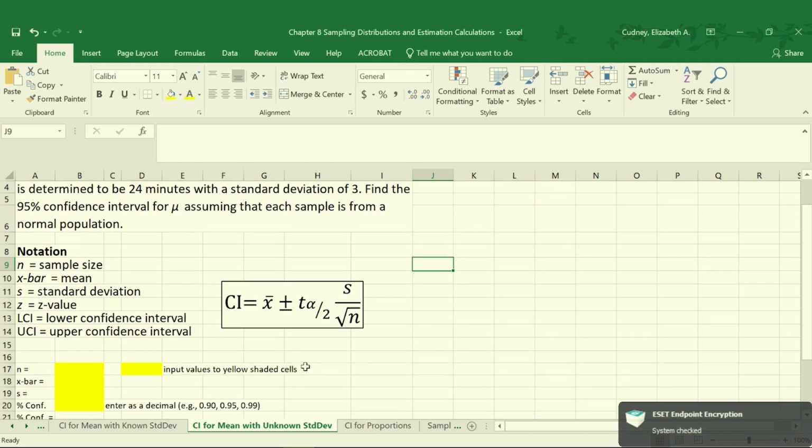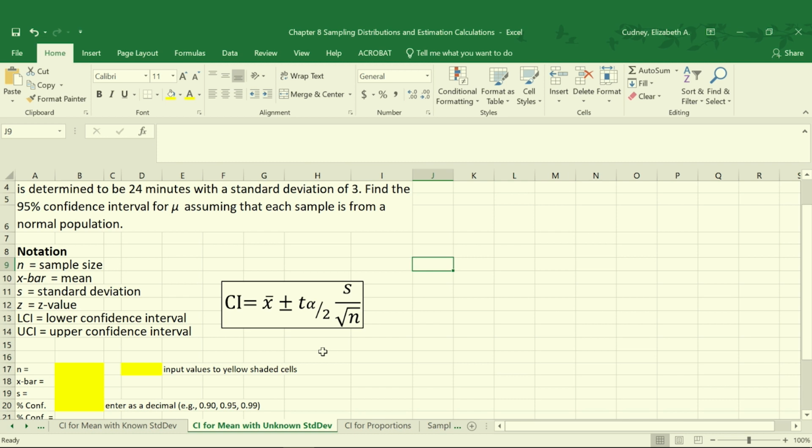So here, our confidence interval calculation changes slightly. We're going to calculate our confidence interval as equal to x bar, which is our mean, plus or minus our t value. So our t distribution is used here, the student's t-test, because our sample size is so small. General rule of thumb is that it's less than 30 samples.